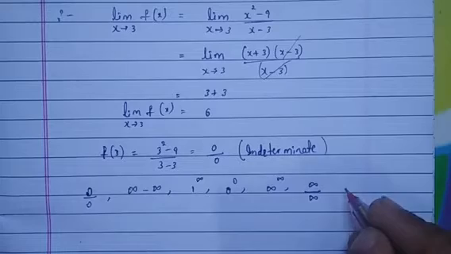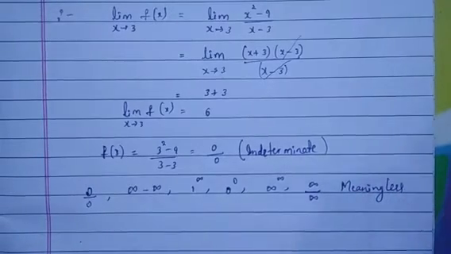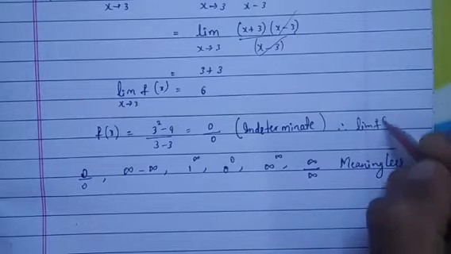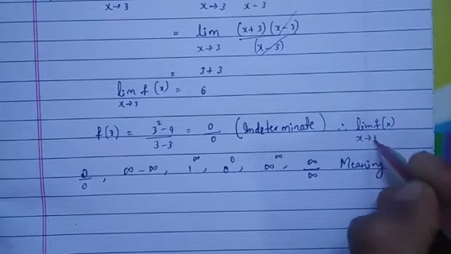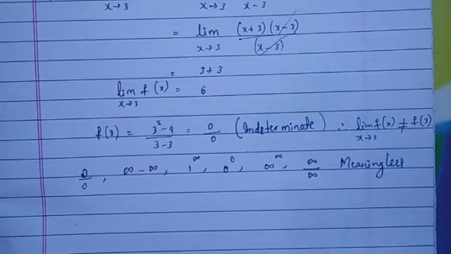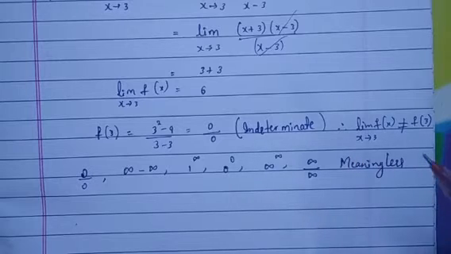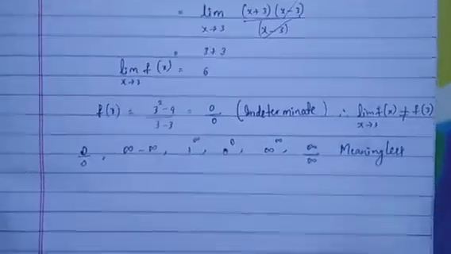They are meaningless. Limit of f of x as x tends to 3 is not equal to f of 3. Limit of the function exists but the value of the function does not exist. So let us get to know some list of formulas.